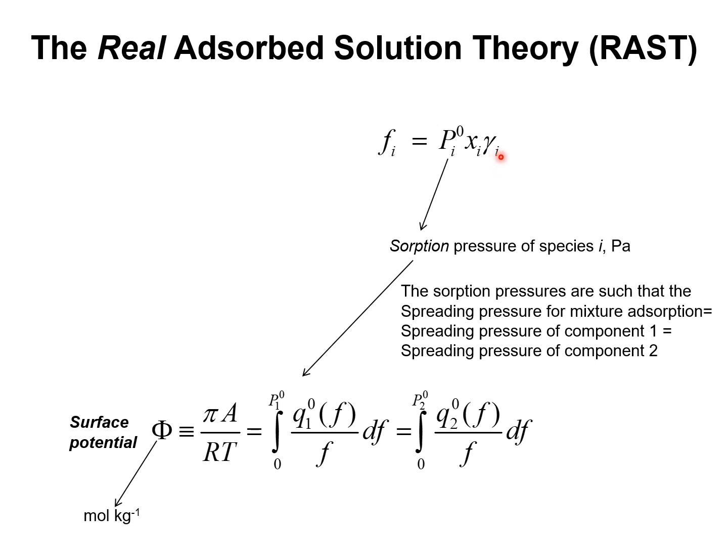The introduction of activity coefficients into this expression results in the theory that is termed the Real Adsorbed Solution Theory. The adsorption pressures are calculated in precisely the same manner as for the IAST. Indeed, the surface potential and the adsorption pressures are the same as for the IAST calculations.